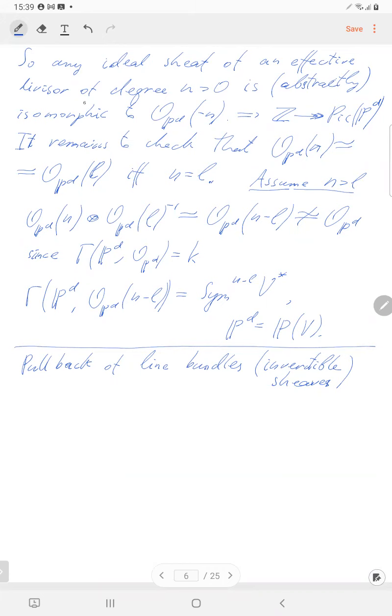So if we have a morphism like this, and over Y we have some vector bundle or line bundle V, then we can pull it back here and denote it F upper star V over X.